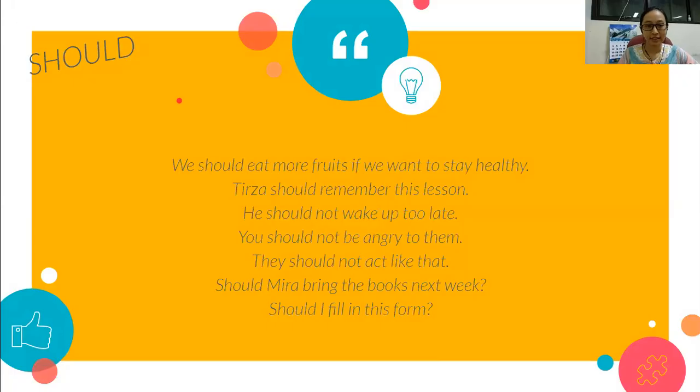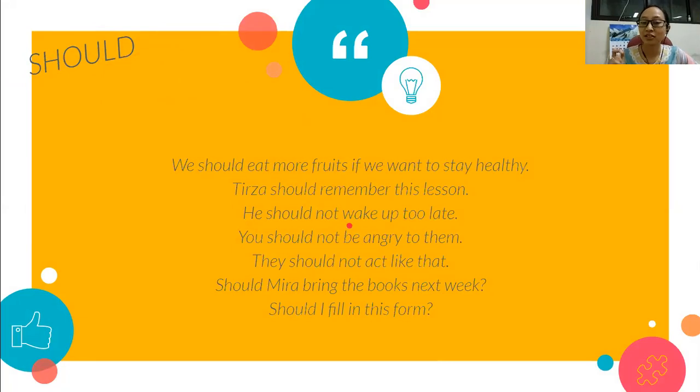Next, should. Nah, should ini apapun subjeknya, belakangnya tidak berubah, dan ini verb zero or original verb. Nggak pakai to. Bukan should to, tapi should aja. We should eat more fruits if we want to stay healthy. Jadi ini untuk memberi saran, bukan mewajibkan. Karena tadi, as I said earlier, ini levelnya di bawah must. Okay?